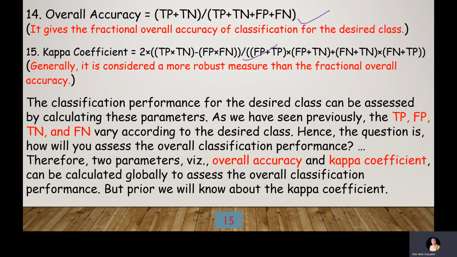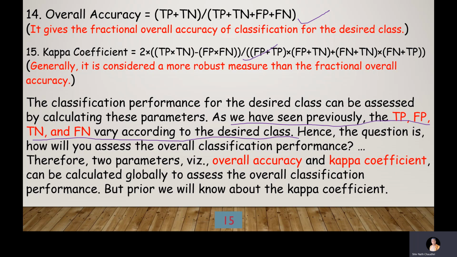Usually, kappa coefficient is considered a more robust parameter than overall accuracy since it incorporates chance agreement between actual and predicted classes. Now, as I promised in part 1, we will discuss the kappa coefficient in detail. In this order, as we have seen previously, the TP, FP, TN and FN vary according to the desired class.